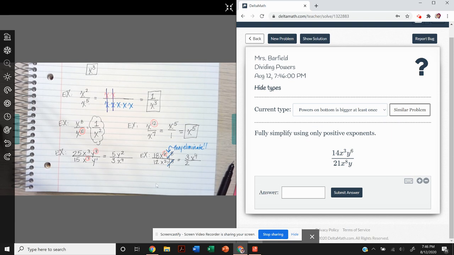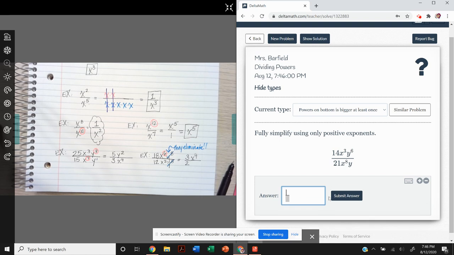Now this time I'm not going to write anything down because I think some of you could do it without writing it down. So I'm going to put the division sign. I've got 14 over 21. So I can divide the 14 and 21 by the biggest number possible, so that's 7. So 14 divided by 7 is 2, and 21 divided by 7 is 3.